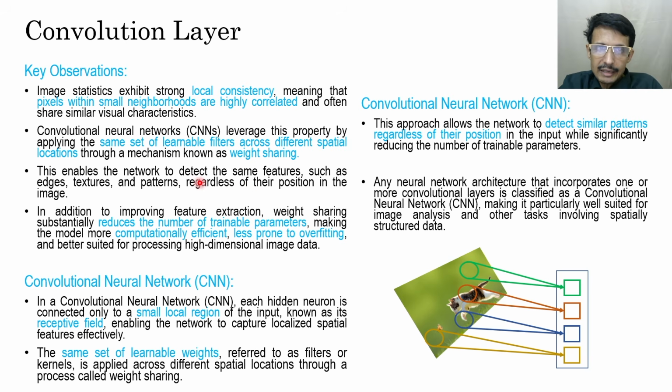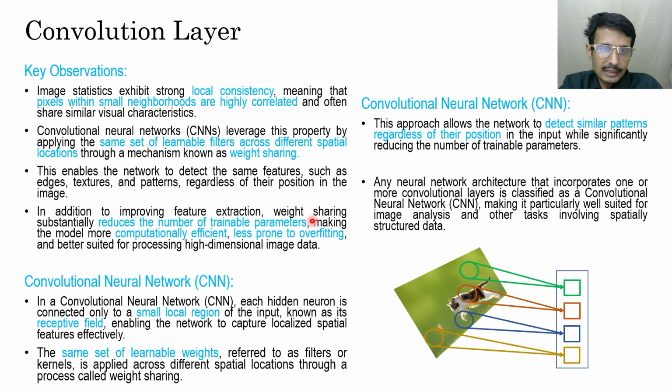This enables the network to detect the same features such as edges, textures, patterns, regardless of their position in the image. In addition to improving feature extraction, weight sharing substantially reduces the number of trainable parameters, definitely because we don't have to learn the other kernels.